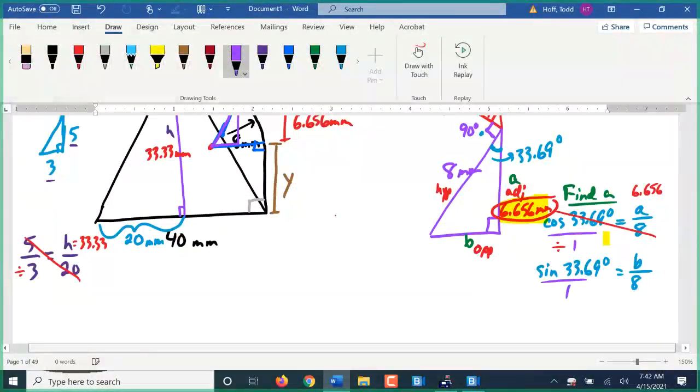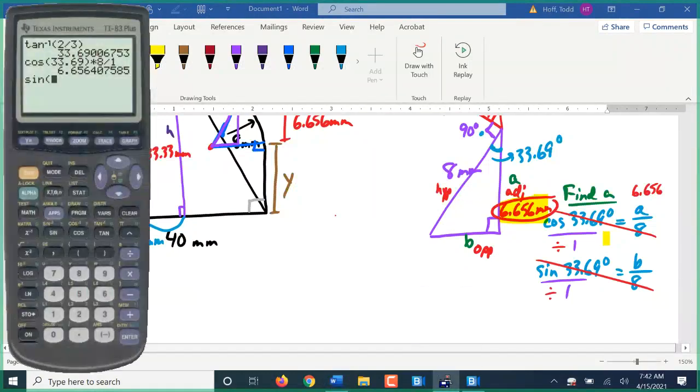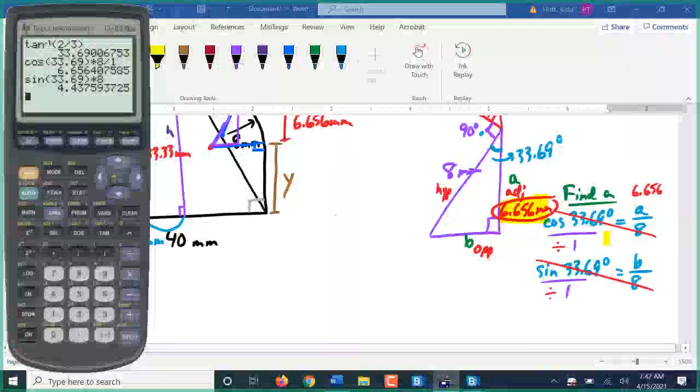So again, I'm looking for a missing side. I'll make it in a proportion by putting the trig function over 1, and I will cross multiply and divide. The sine of 33.69 times 8 divided by 1 gives us 4.438.